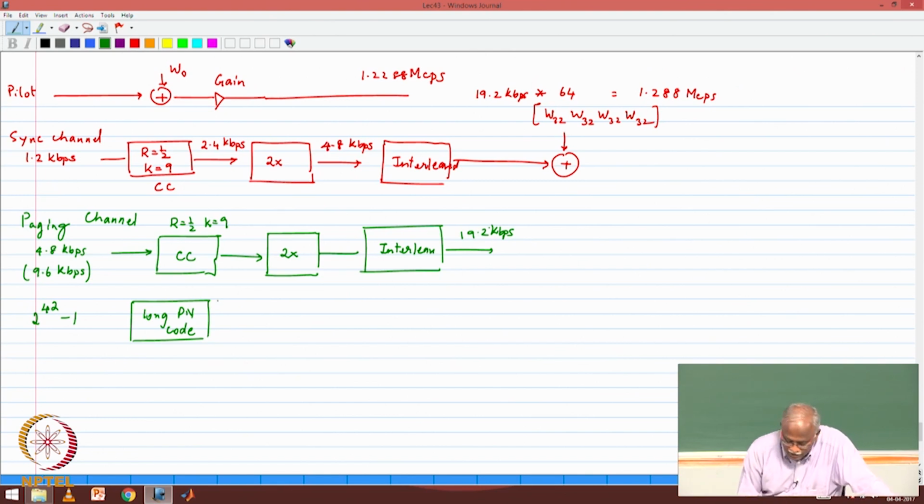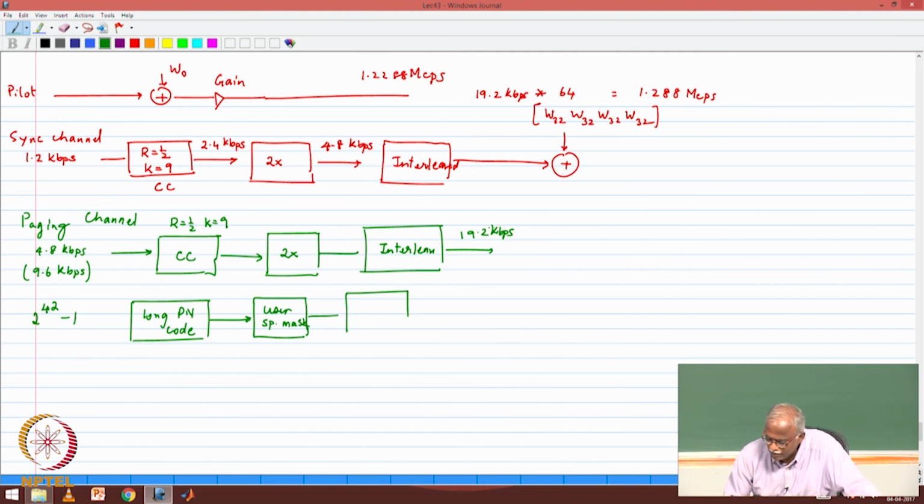And they take this long PN sequence, they scramble it based on a user specific mask. So not only is the original sequence itself hard enough, it's scrambled first, and you decimate or downsample by a factor of 64, and you will get something at 19.2 kilobits per second.